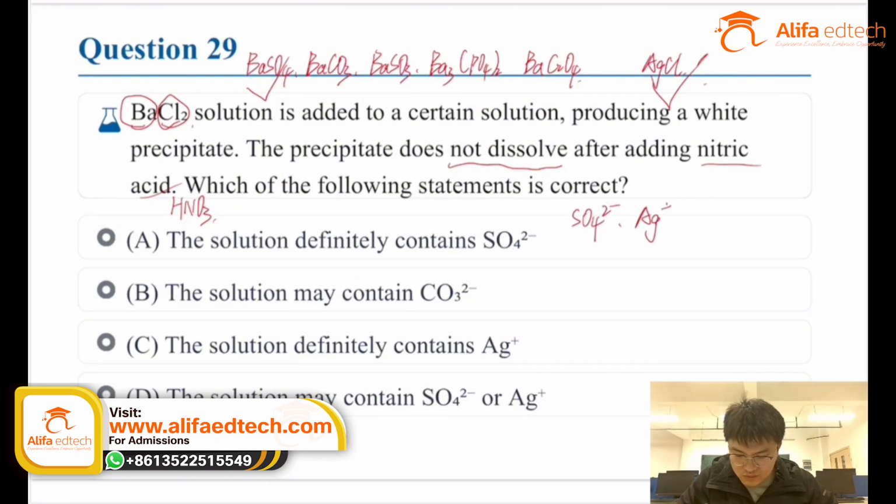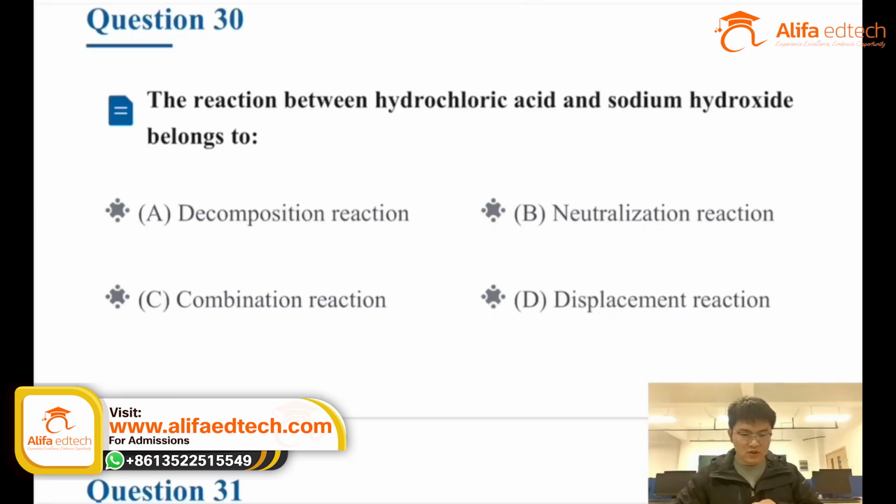We have no way to confirm because we are not given this operation in the question stem. So we can only say that this solution may contain either sulfate or silver ions. So we chose D. Question 13, the reactions between hydrochloric acid and sodium hydroxide.